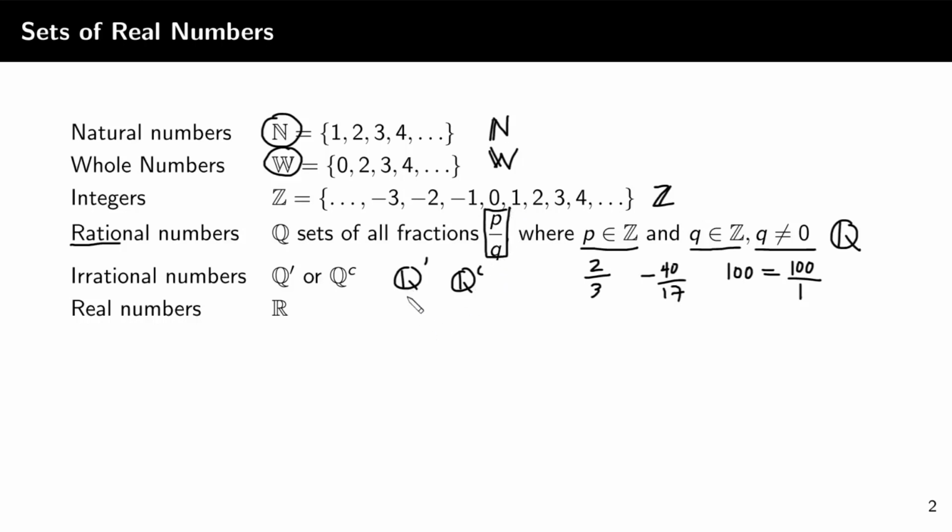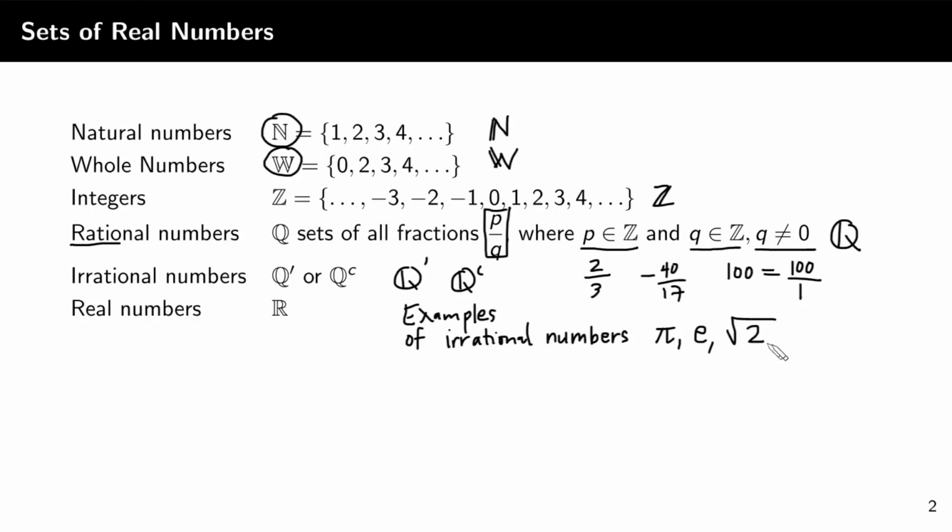So examples of irrational numbers are: you have your pi, you have the constant e, and then square roots ng mga numbers na hindi perfect square.